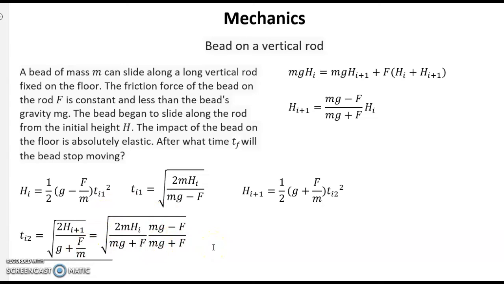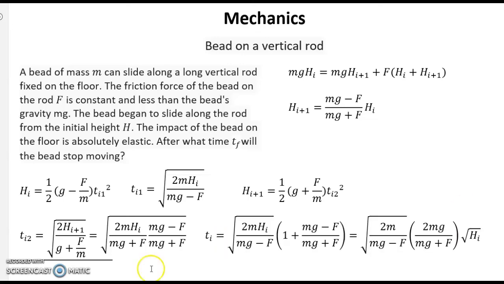After calculating the total time to travel, t_i1 plus t_i2, that will be this one. After we add this expression to this expression, we will get this expression. And we see that the time to travel is proportional to the square root of the height.